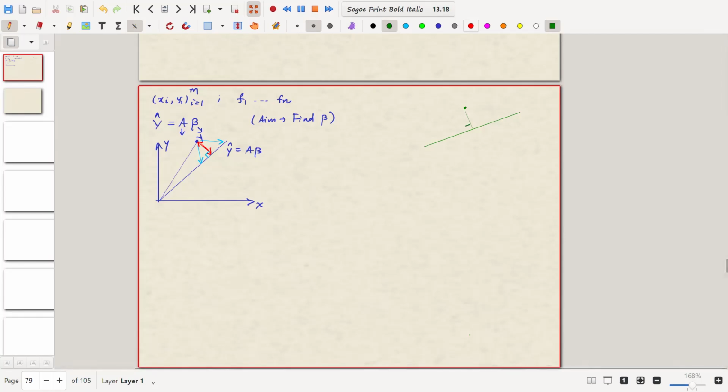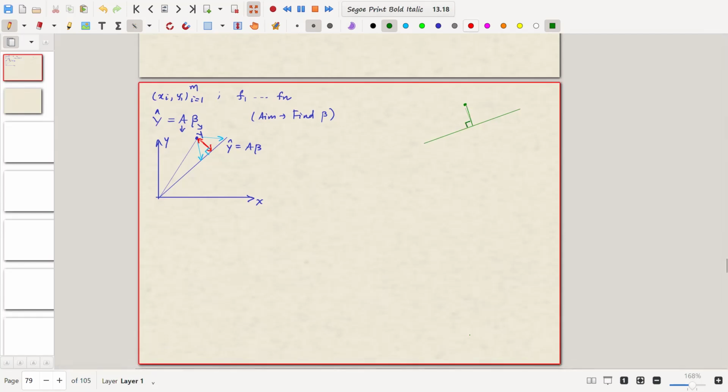Any other distance you take will be greater, L1 will be greater than L2. So in order to minimize the error, you have to take the red one, the perpendicular distance.